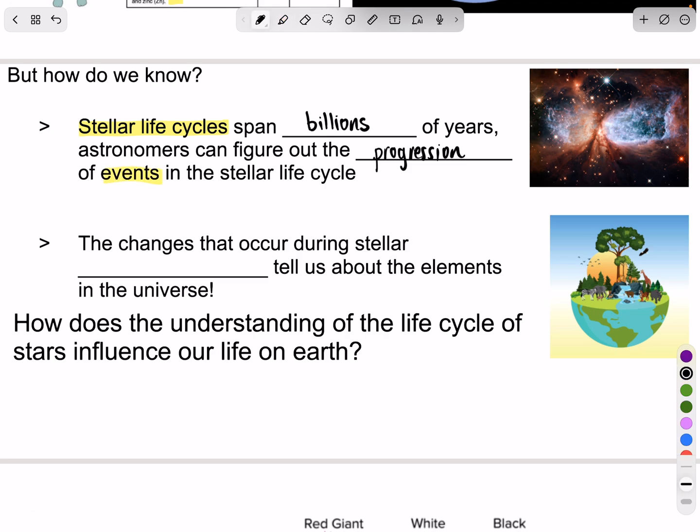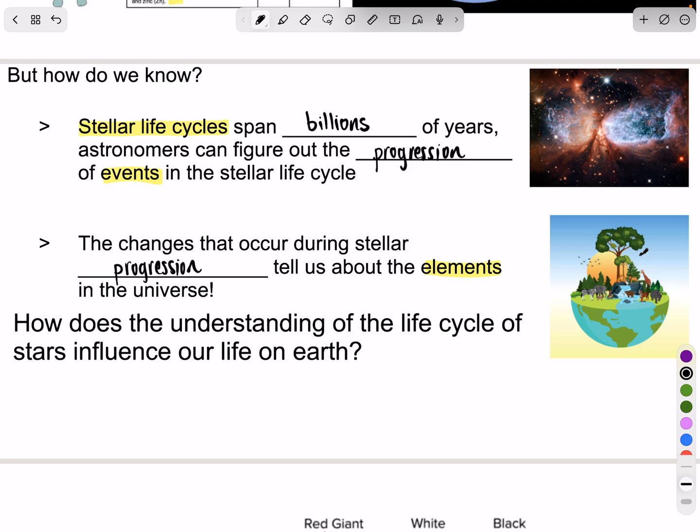And the changes that occur during this stellar progression tell us about the elements in the universe.